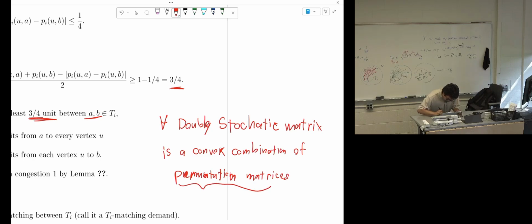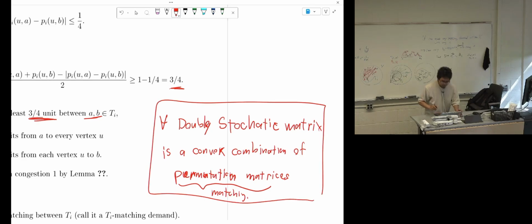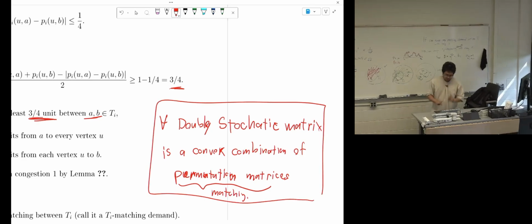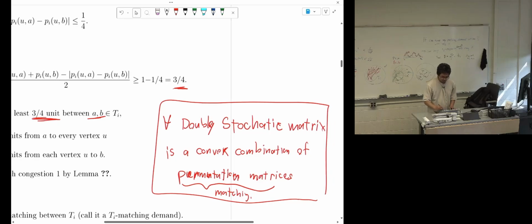And a permutation matrix you can think of as a matching. So you can look this up and convince yourself that if this is true, then this is true.